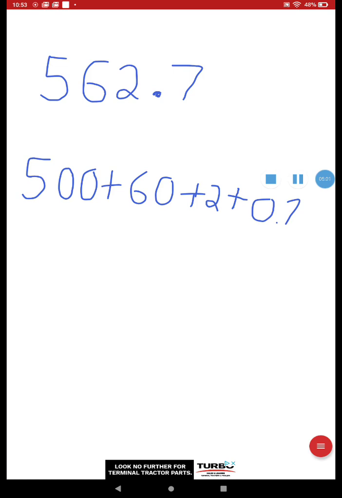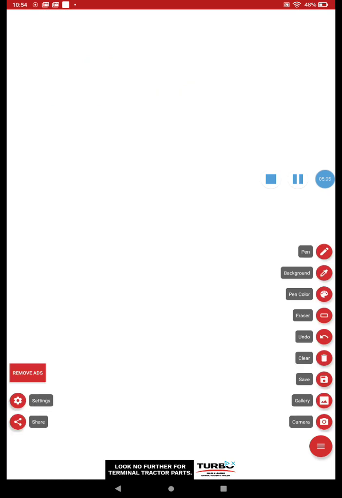That's expanded form. You learned that before, but we reviewed that in this chapter as well.